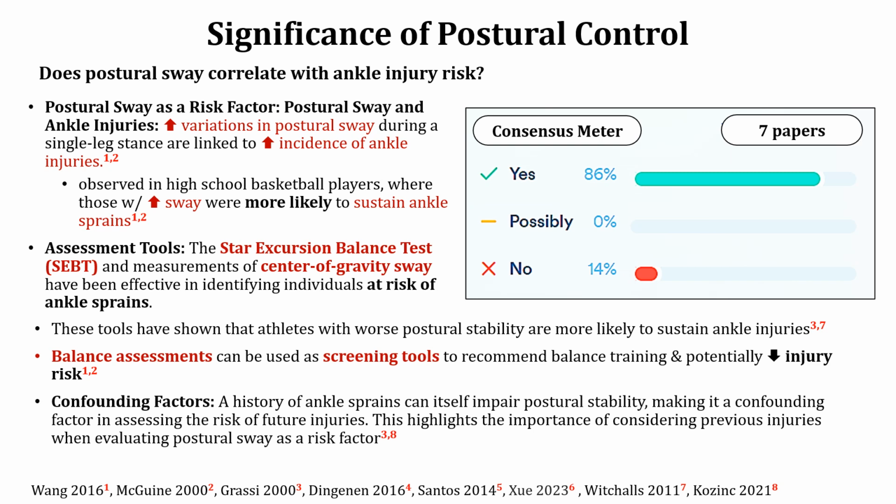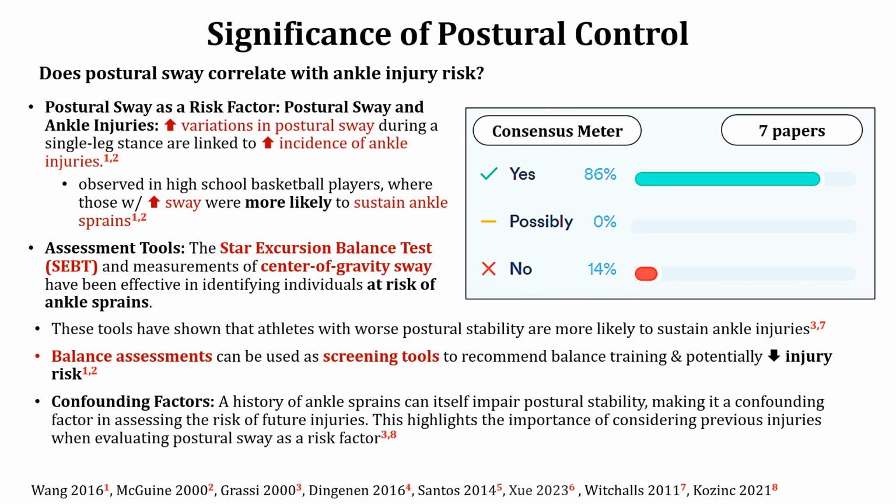Granted, as I alluded to, the confounding variable here is that history of ankle sprains can in itself impair postural stability, and we know that prior injury is obviously one of the highest, if not the highest, risk factor for recurrent injuries, usually in the same location, but also on the contralateral limb at times.